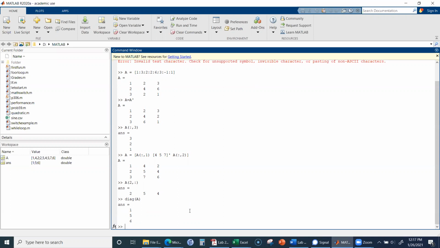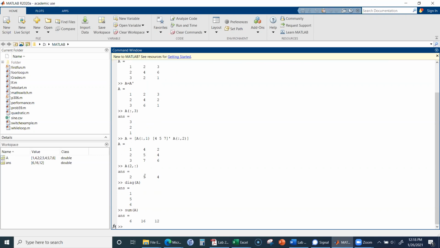Okay. Similarly, we can apply some other functions. For example, if I want to add all elements of A together, I will put sum of A. So it will be 6, 16, and 12.